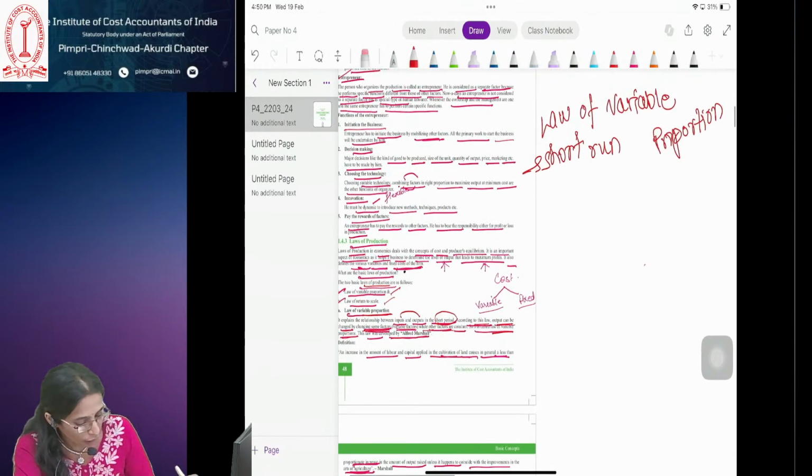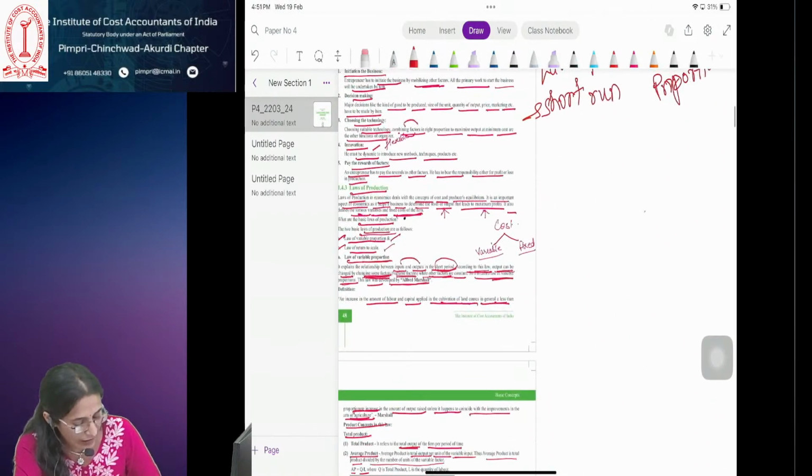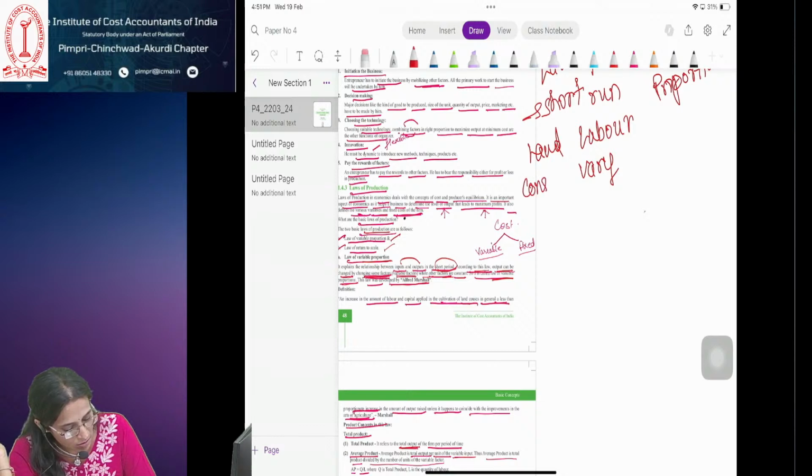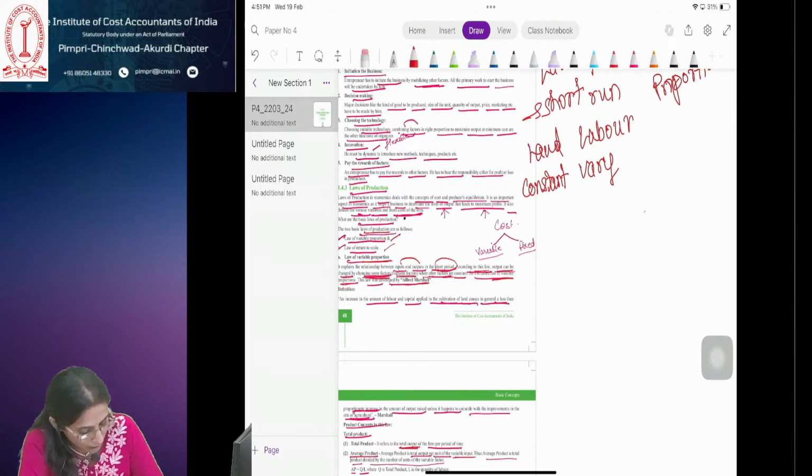There are two factors of production, suppose land and labor. Variable proportion: one factor will vary, other factors constant. So labor will vary, land is constant. Okay, two factors.